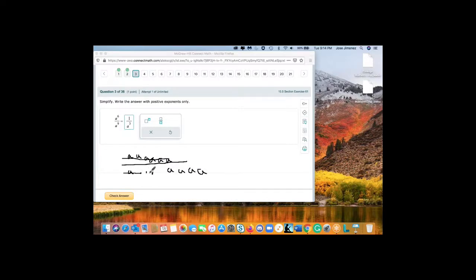I can cancel all the 6 on the bottom, leaving only 1 over a 3 times. So that's why you subtract and put the number on the bottom, because the big number is on the bottom. If the big number is on top, then you leave it on top. So that's for 3.